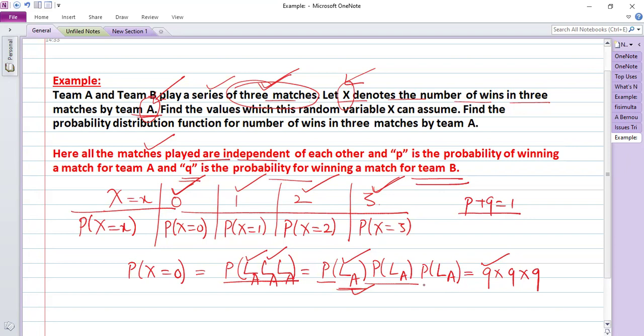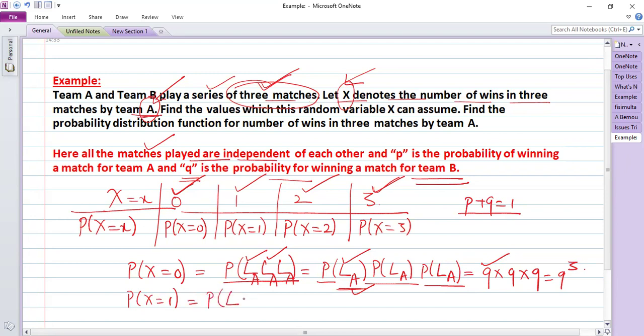Here all three matches are won by Team B, so this is QQQ. Now, probability X equal to 1: this will be the probability of two matches won by Team B and one match won by Team A.